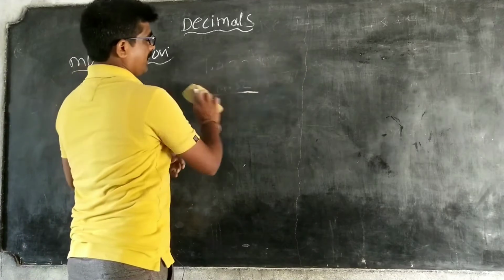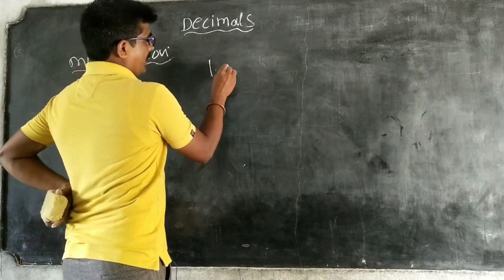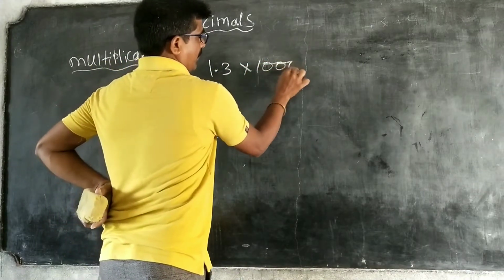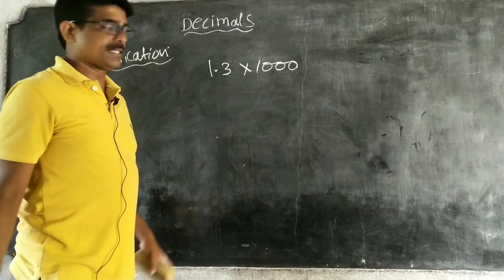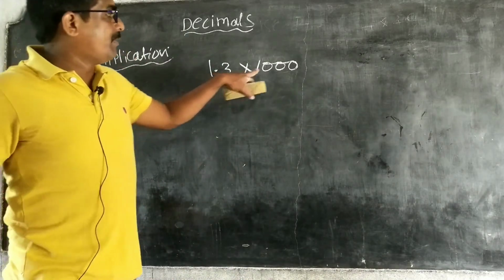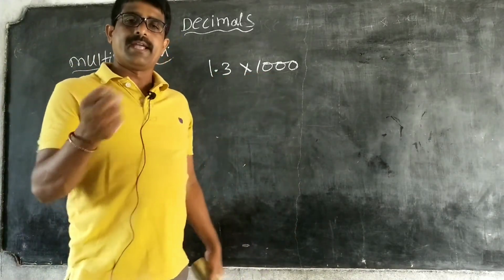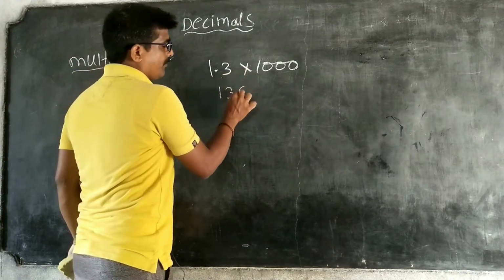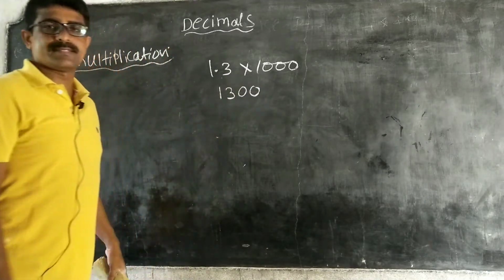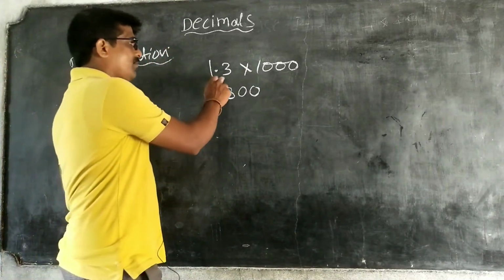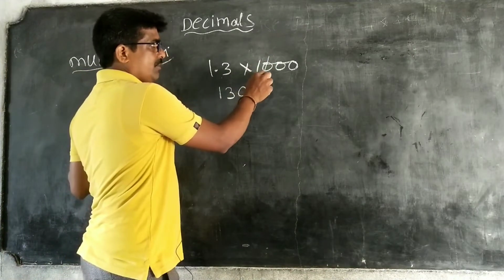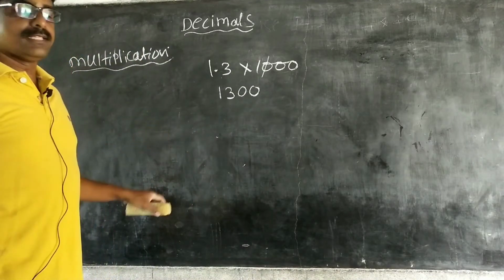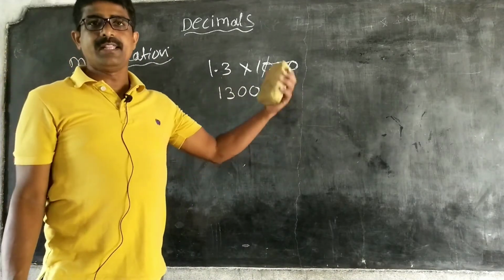For another example I am taking 1.3 into 1000. How do we do the multiplication? Here the point after only one decimal, but we have 3 zeros. At that time, simple, move the point one digit. After that, 1 zero is over. Remaining 2 zeros keep right here only. This is for multiplication with 10, 100, 1000 with decimals.